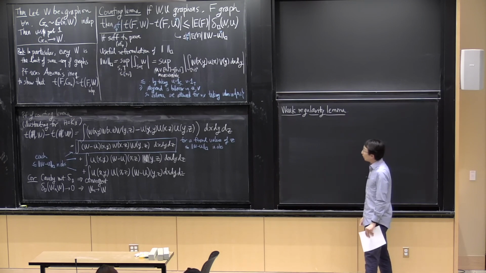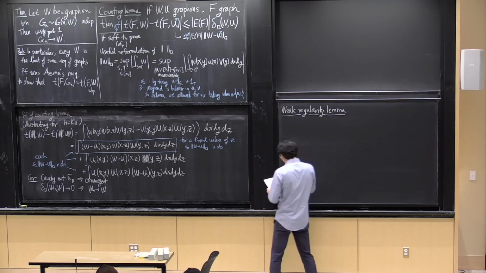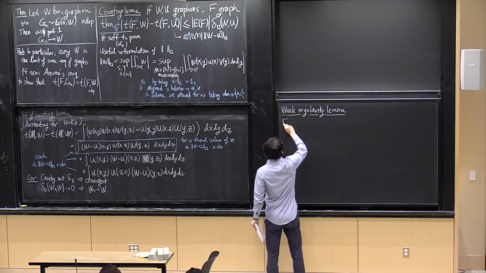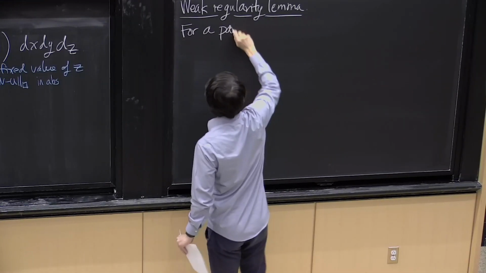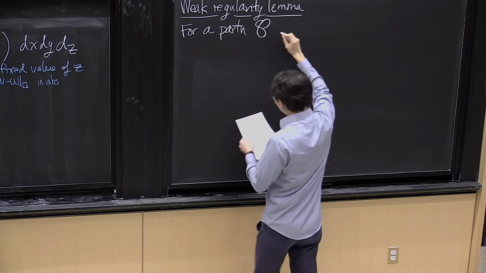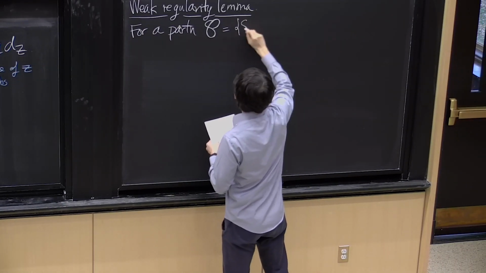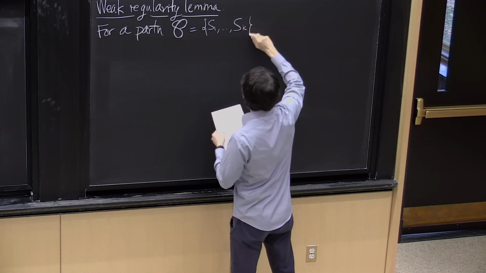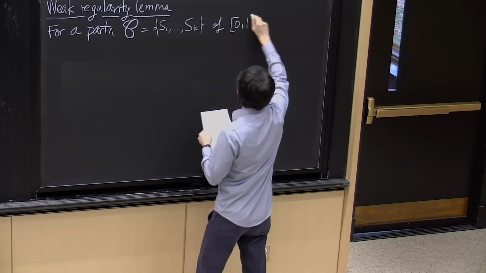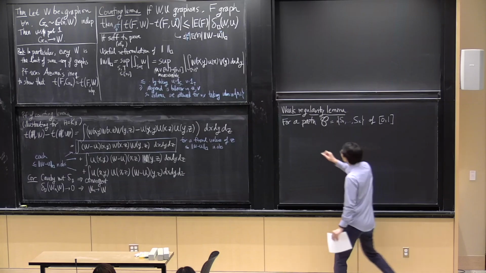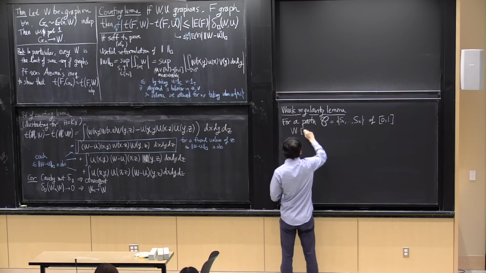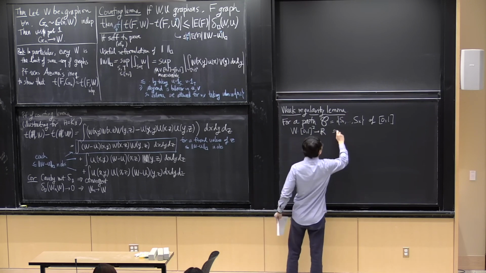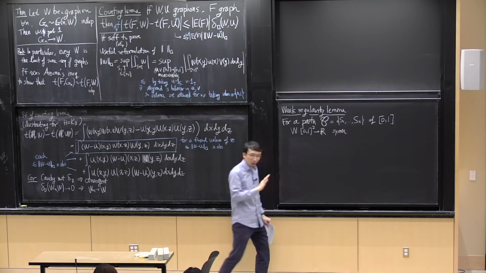What the weak regularity lemma says is, you still have a partition of the vertices. So let me now state it for graph functions. So for a partition P of the vertex set, and a symmetric measurable function W. I'm just going to omit the word measurable from now on.